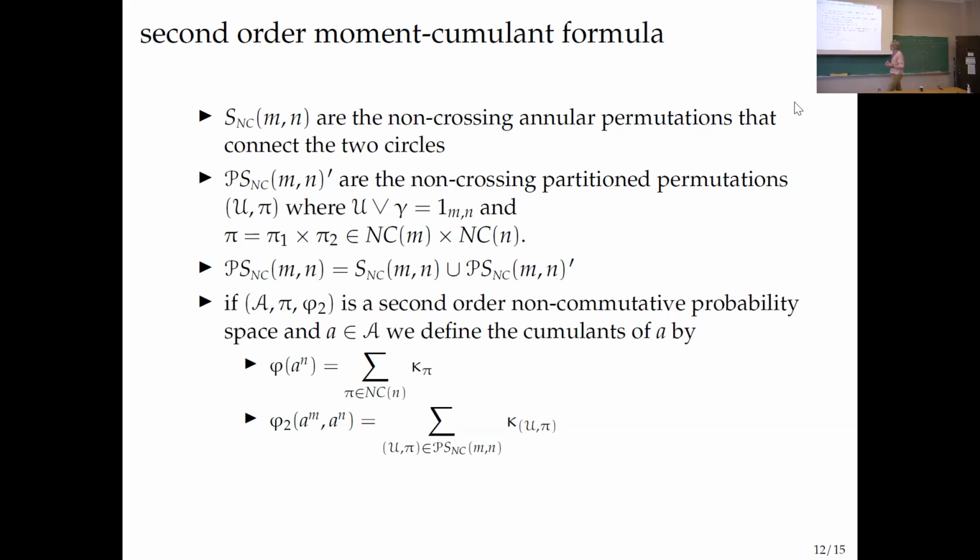And then you see, if you go back to, yeah, what happens if I take something in S_N here, this is just a first order guy, so I just take the regular kappa pi that will kill everything except a block of size 2. So it will only count pairings, and they have to connect the circles.